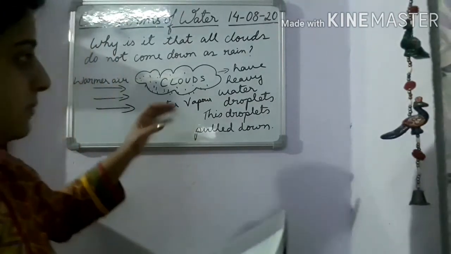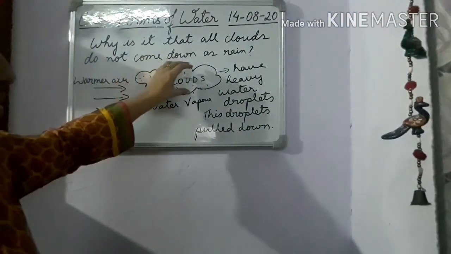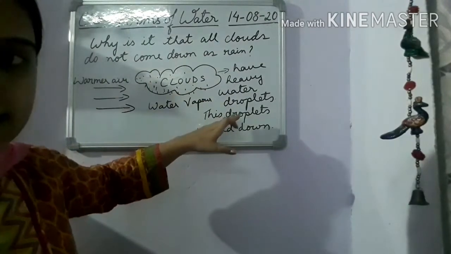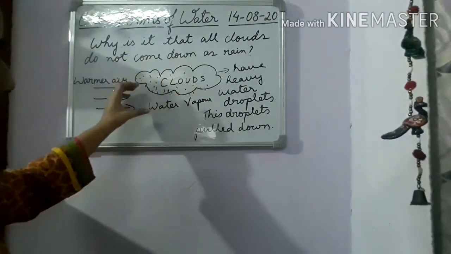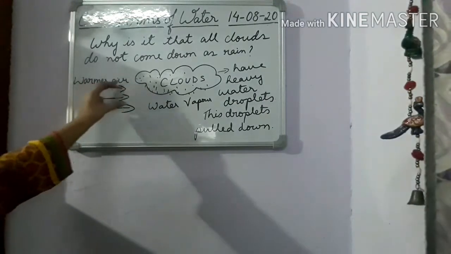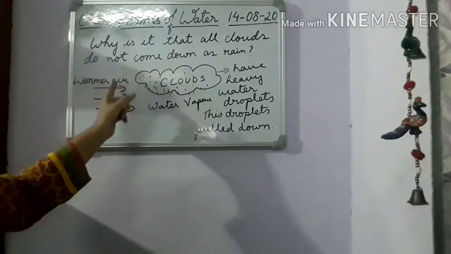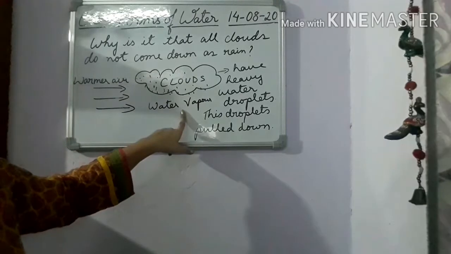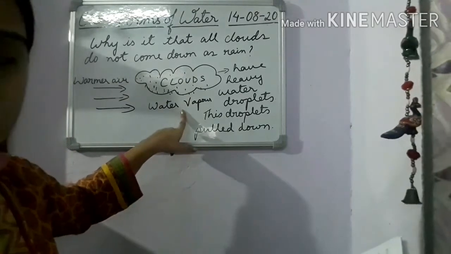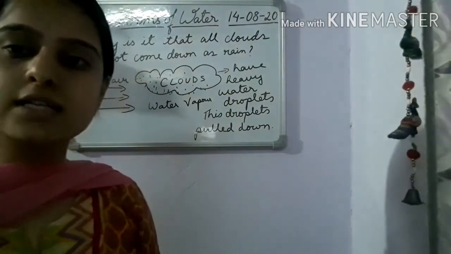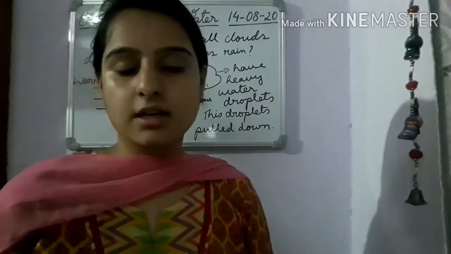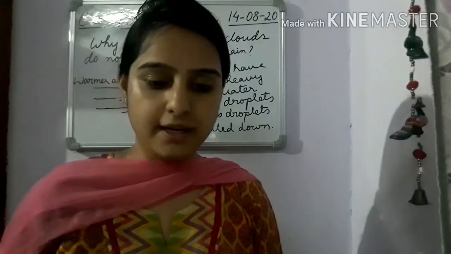I would like to explain again, children. Clouds are made of heavy water droplets. When these droplets come in contact with the warmer air, they change to water vapor. Is it clear?